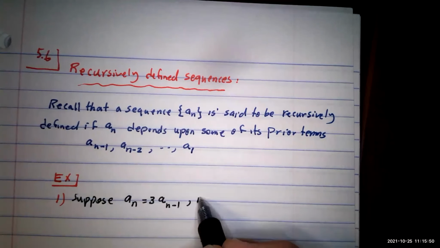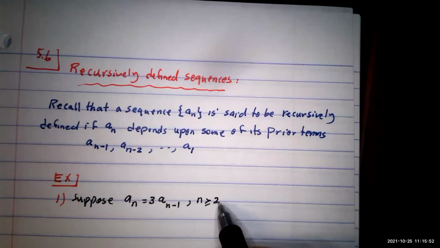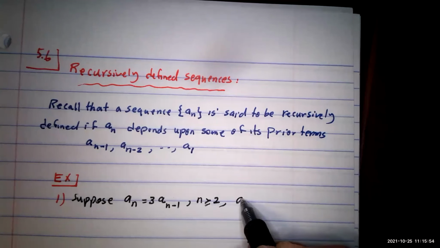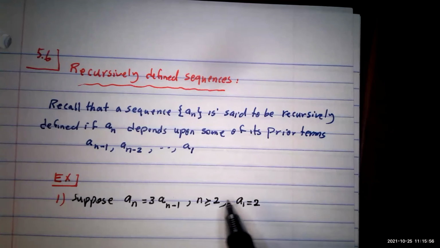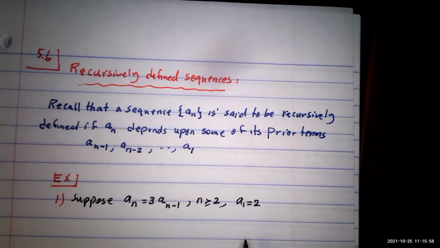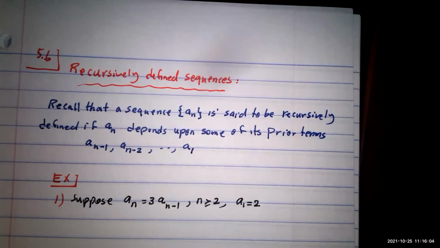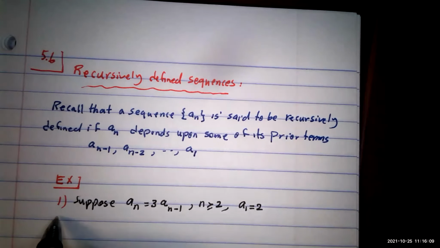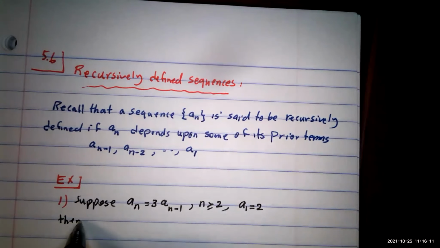Of course, this n starts from 2. Then they have to give you the a_1. So a_1 is equal to 2. Then if you want to find the a_2, you go back and you substitute n equal to 2, you get the a_2, and then you continue. So this is going to be a recursively defined sequence.